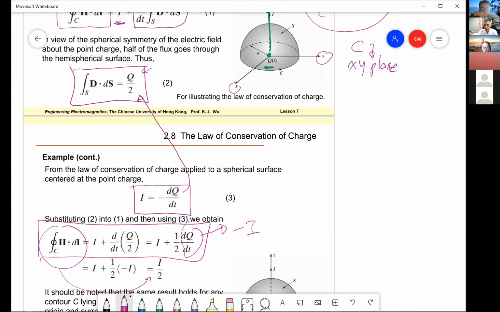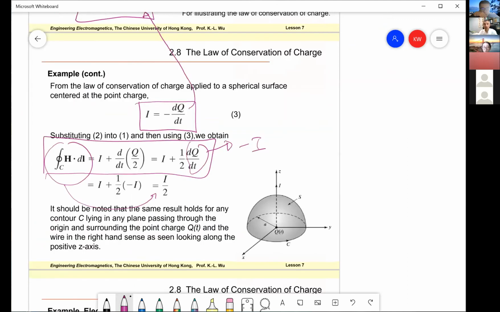And also, when we draw this conclusion, it's really independent of how the C is put. I can put it on any surface, along any plane, and this result is also true.